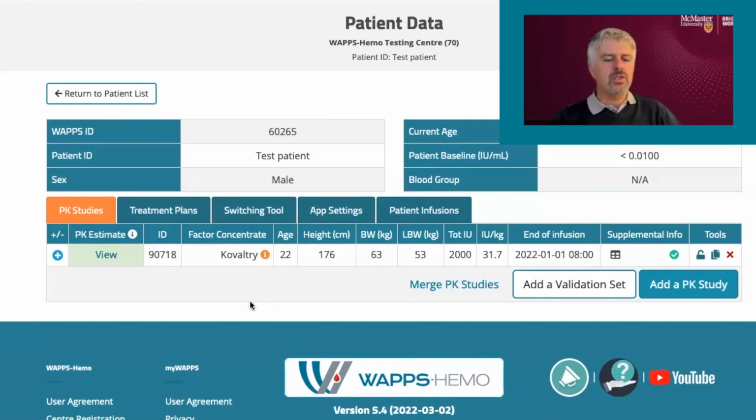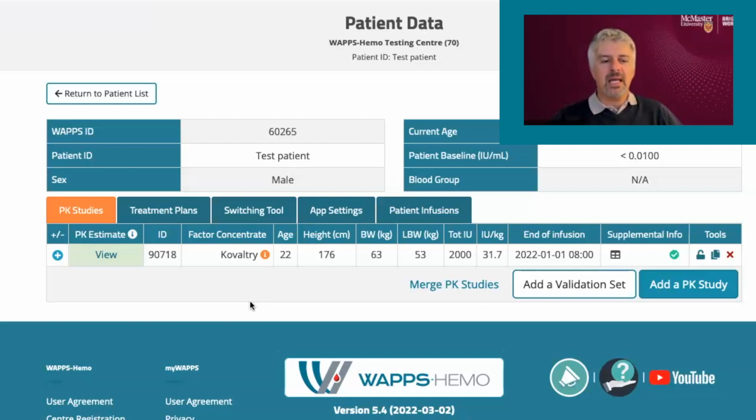What is the switching tool? The switching tool is a powerful instrument that is meant to help us with switching patients from one concentrate to another. We have discovered, thanks to all the data that you have provided through WOPS, that there are some characteristics of the patient's way of handling factor concentrates that carry forward from one concentrate to another.